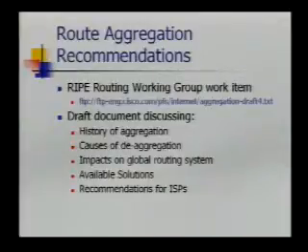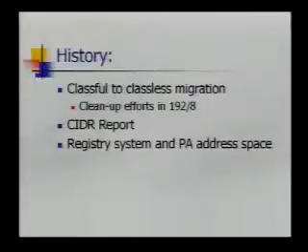It takes a look at the history of aggregation, causes of deaggregation, impacts on the global routing system, some of the available solutions, which really do exist, and some of the recommendations that we're proposing for ISPs. In the history part of the document, we talk about the migration from the classful to the classless routing system, and the efforts to clean up the 192/8 space, which I think were pretty successful.